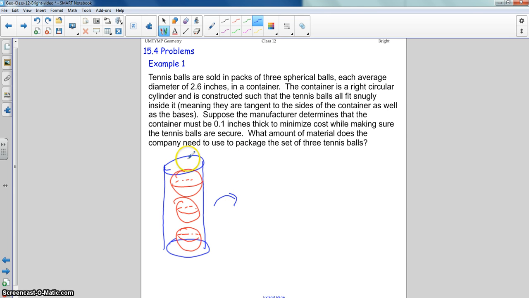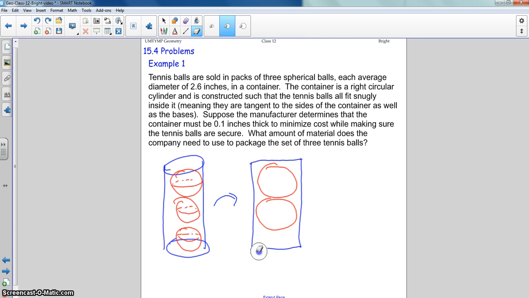If I push this down onto a flat surface, it would look like I have a rectangle, and then I have circles inside that rectangle. I think I'm going to extend this a little bit.